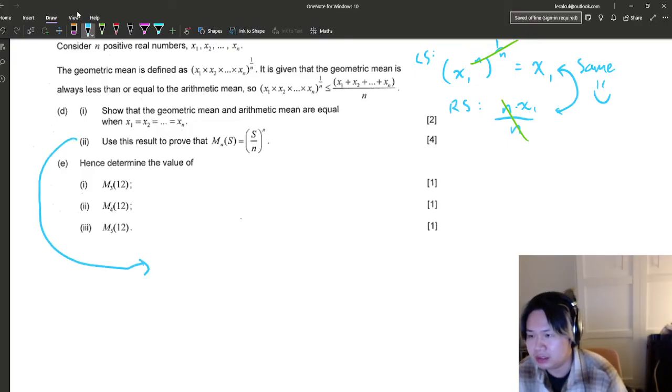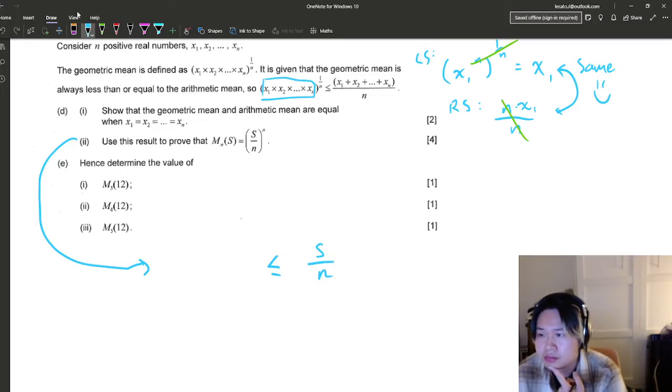Okay, I'll just put it here. So if we use this inequality, right? This is the sum of them, so this is s over n. Then over here, this is basically our product.